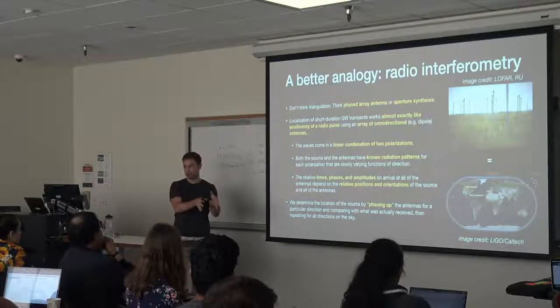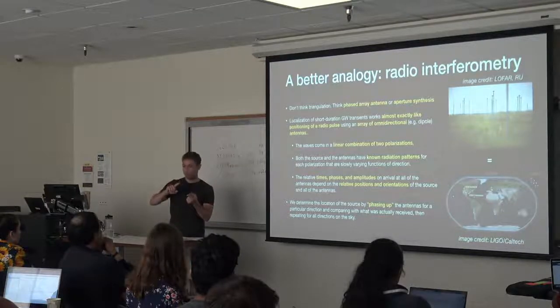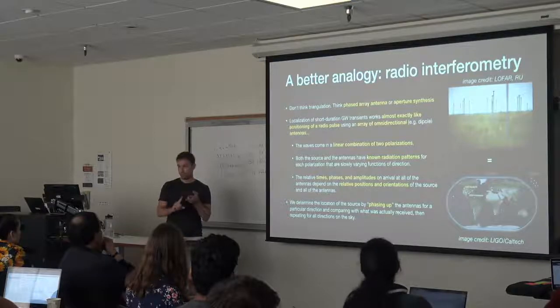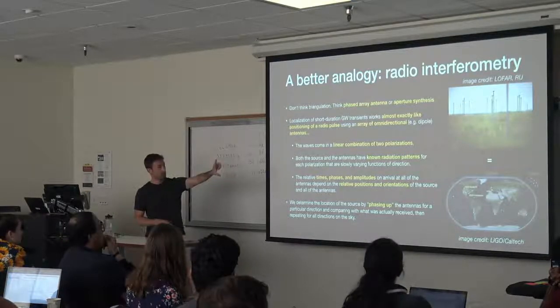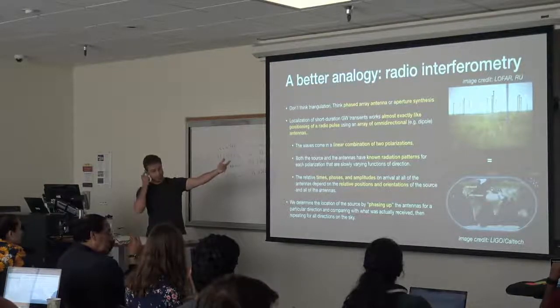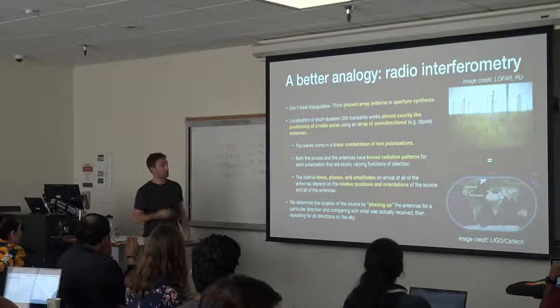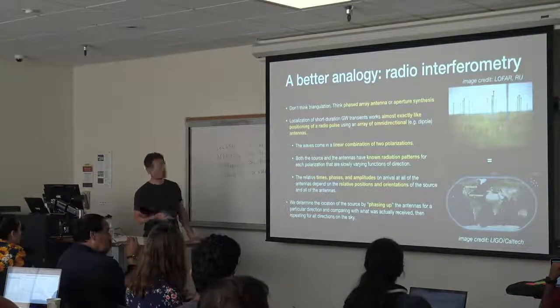They have a well-defined orientation. Therefore, when you detect a radio pulse, you have its time of arrival, its amplitude on arrival, and its phase on arrival. And knowing the positions and orientations of the antennas and the times, phases, and amplitudes, you can work out the position on the sky of the source.